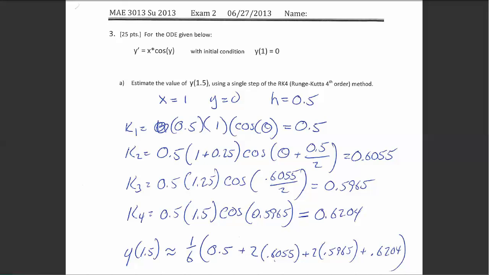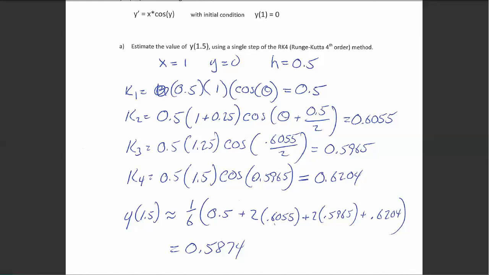And now we will proceed through and solve, using the Runge-Kutta fourth order method, for the k's and for the y's. So k1 is h times our function x cosine of y. X is 1, y is 0, and we get a 0.5. Now k2 is 1/2 of our slope function evaluated at x plus h over 2.